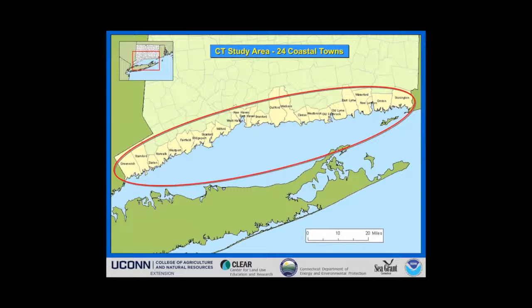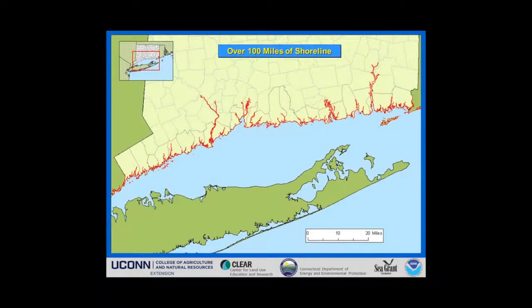This is the shoreline of Connecticut and the 24 towns that we've worked with. If you just took a linear line of the shoreline, it's pretty much a 100-mile section of shoreline in Connecticut. And I'll show you a little bit later how, if you look at the actual features along the shoreline, it's a lot longer than that. This is the total shoreline distance that we took on in our project to study.